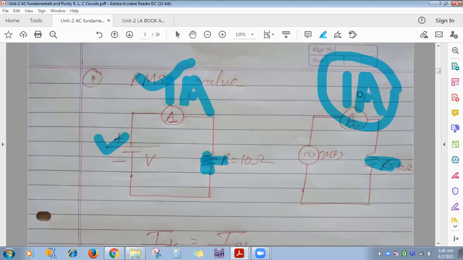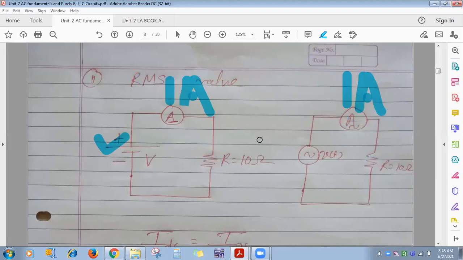So this 1 ampere is the RMS value, which is equivalent to DC current. Like this you can define the root mean square value.